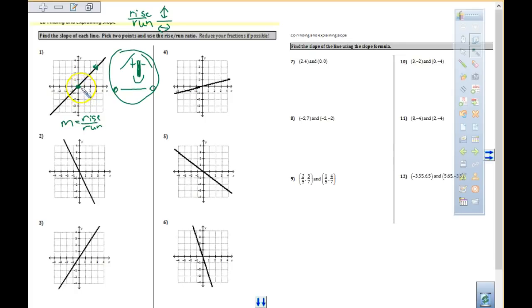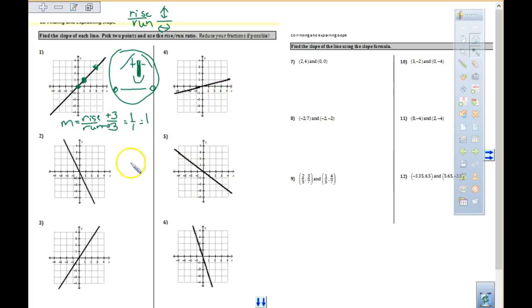And in this case, going up 3 and over 3, positive 3 up, 3 to the right, is going to simplify to 1 over 1, or we can just write it as 1. The closer you pick points, the less you have to simplify. This one would have been up 1 and over 1.